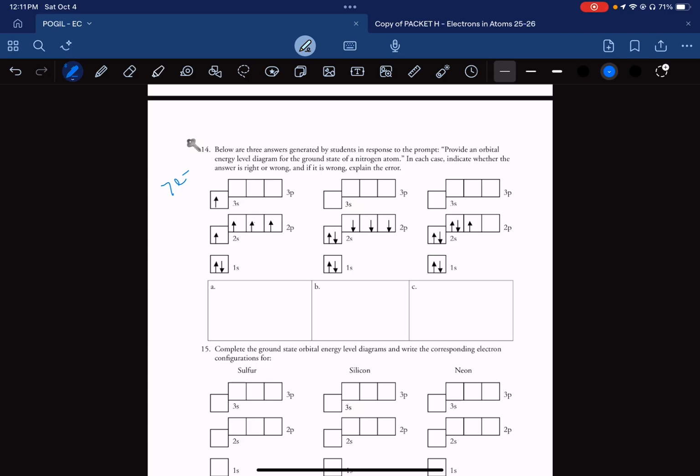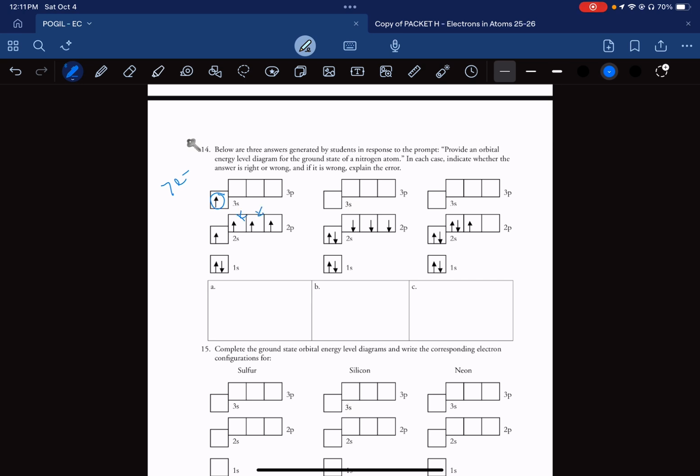It can be expressed as: if two electrons occupy the same orbital, they must have opposite spins. Looking up here, we can see that's true.